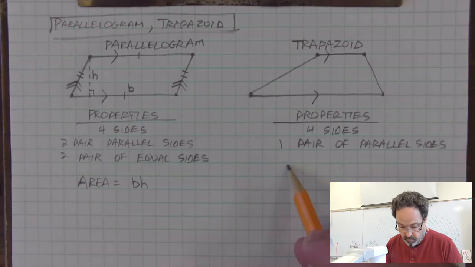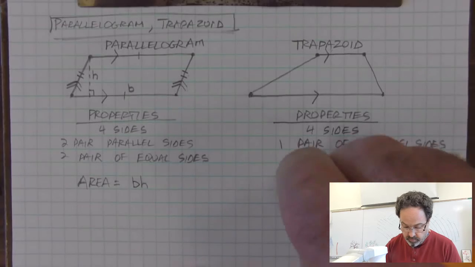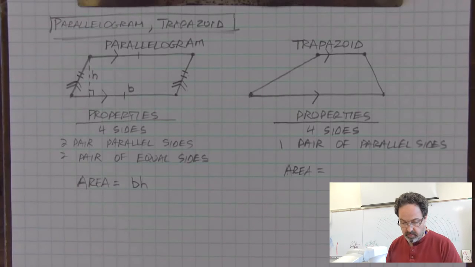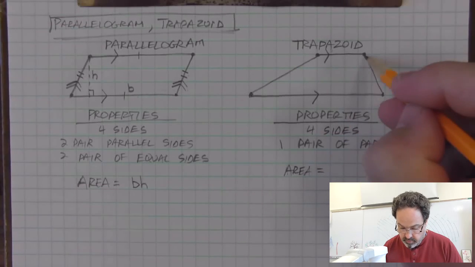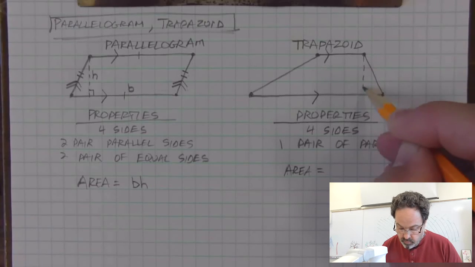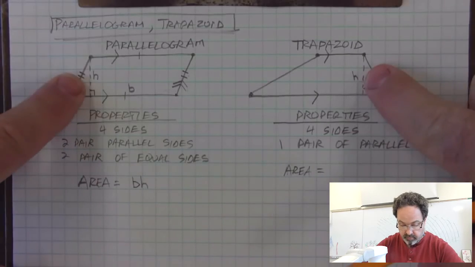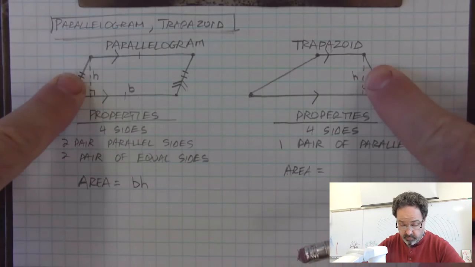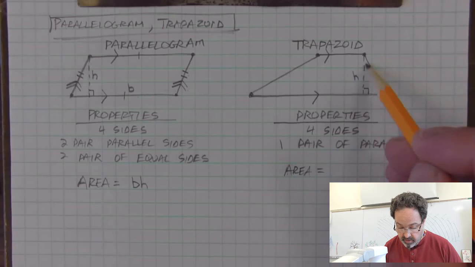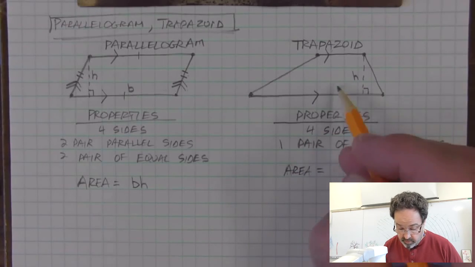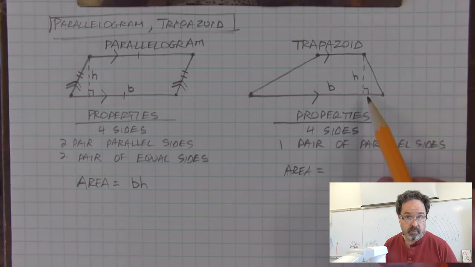The area for a trapezoid is more sophisticated. For a trapezoid, we need to do a similar thing as we did on the parallelogram: imagine a height of the trapezoid that meets the base, in this case we'll call it B, at a right angle.